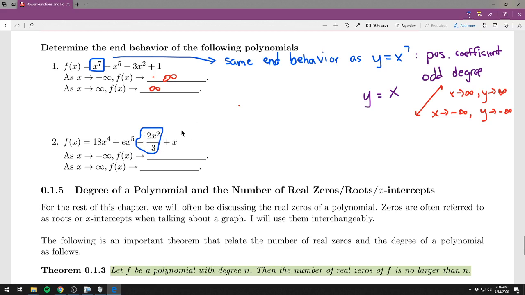Remember that negative sign, it's very important. So it's the same end behavior as y equals negative 2x to the 9th over 3.